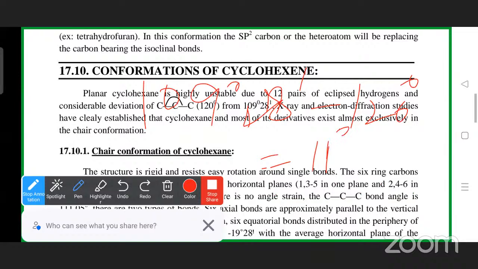This much deviation is there, and it is called angle strain. If any molecule suffers from angle strain or steric strain, all these are destabilizing factors.